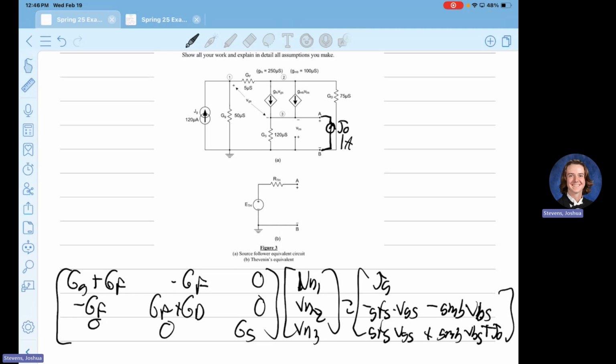It was dealing with mesh currents, because it was named.